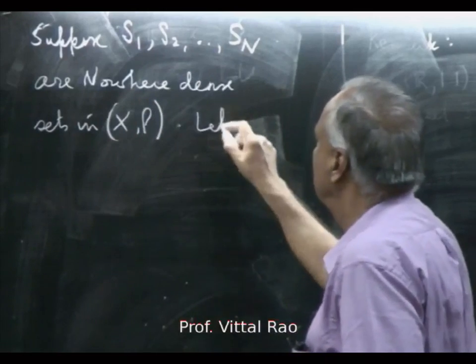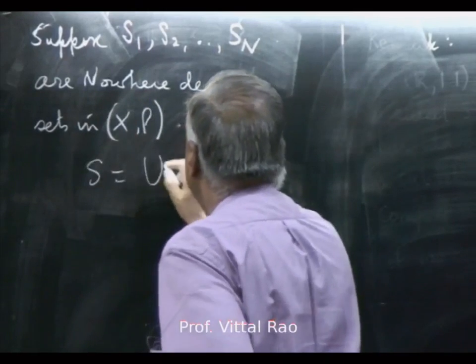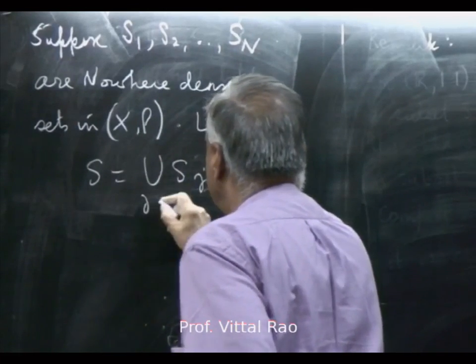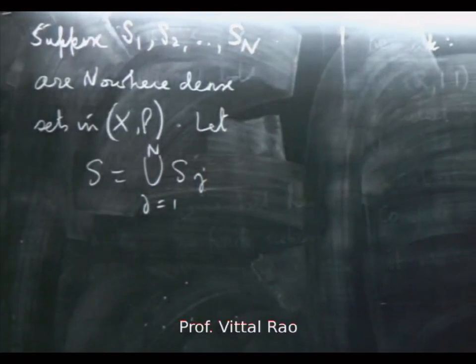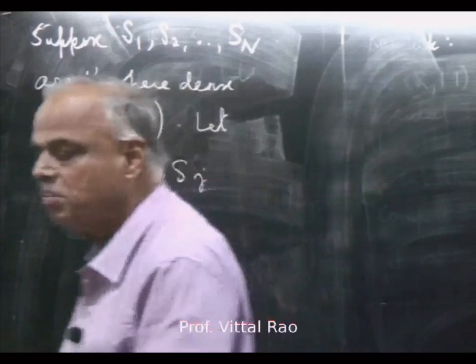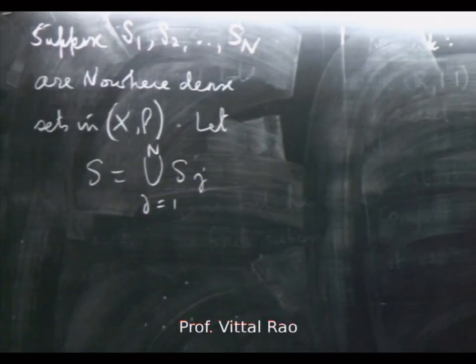So let S be the union of all these. I put them all together. What I am trying to do is, what can I do using a finite number of nowhere dense sets. So a finite number of sparsely distributed sets.